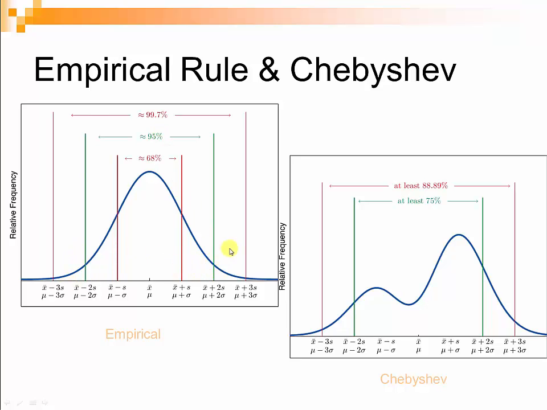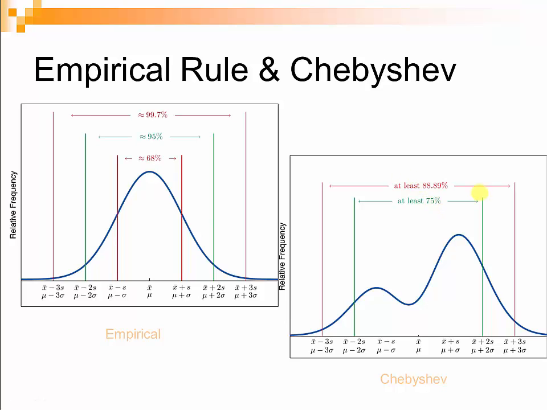Here, with the Chebyshev calculation, it's not perfectly distributed or symmetrical, as we saw with the empirical rule, but we can calculate that within plus and minus 2 standard deviations from the mean, at least 75% of the observations will fall within there.